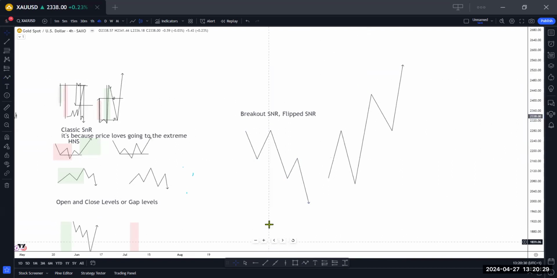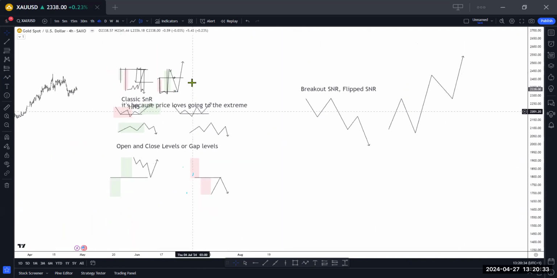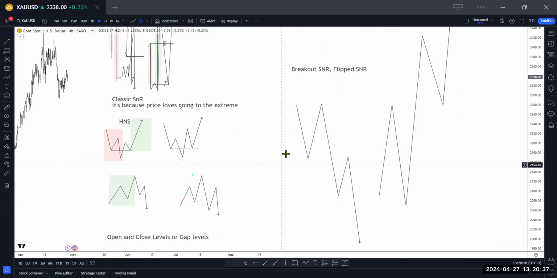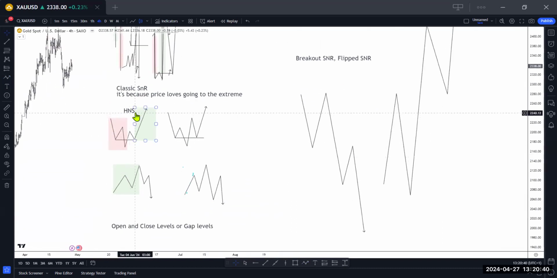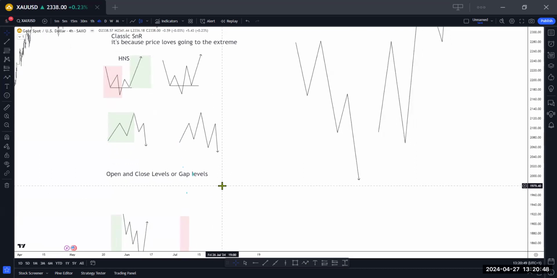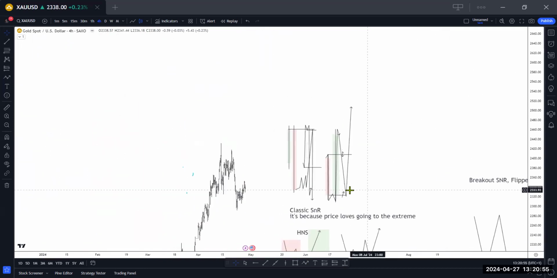So you can have breakout SNR for all these SNR levels I mentioned before. You can have breakout SNR for classic SNR, breakout SNR for HNS called broken HNS. You can have breakout SNRs for gap levels called broken gap levels because they were supposed to be buy or support, now they are resistance. So breakout SNR for engulfing, right?